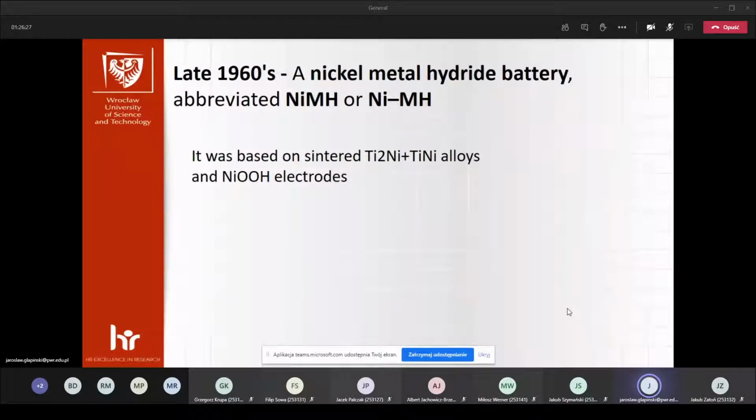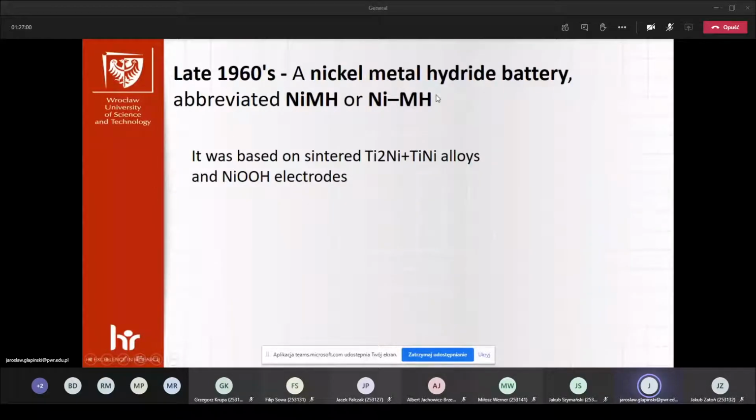Okay, the next type of accumulator, or battery, or maybe we can say not a battery but an accumulator, is made of nickel and metal. This is the nickel-metal hydride battery, NiMH.